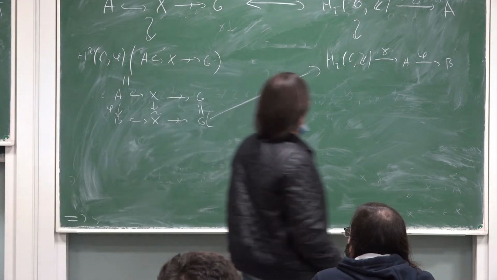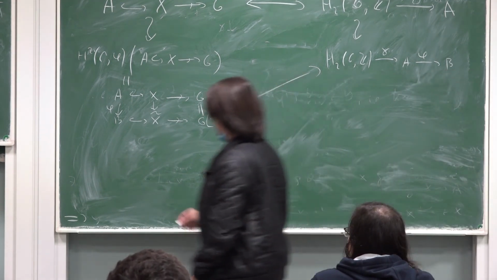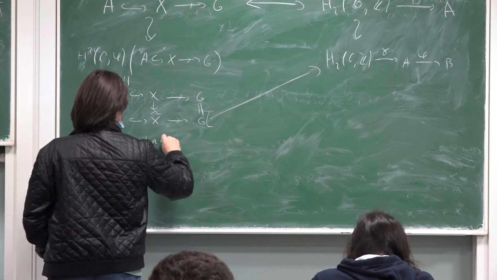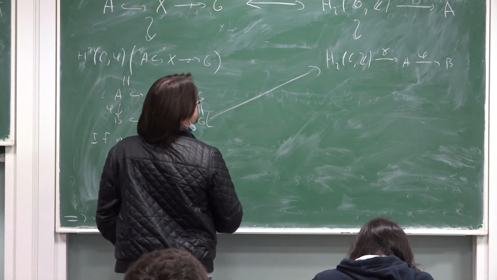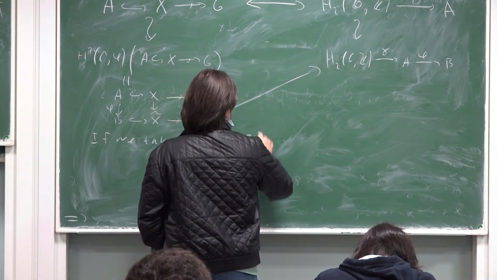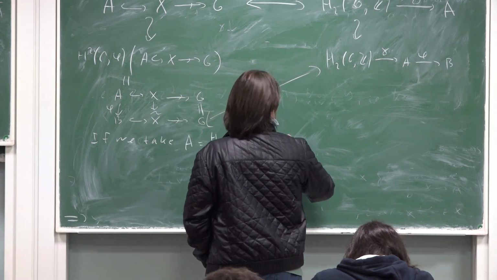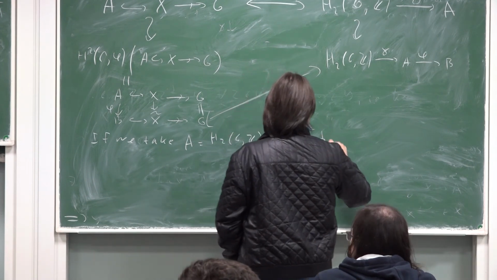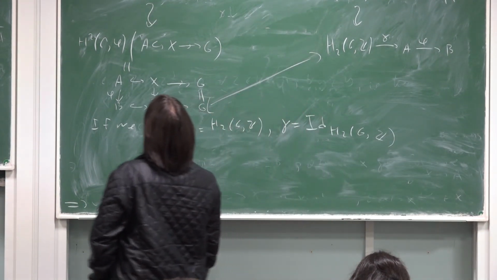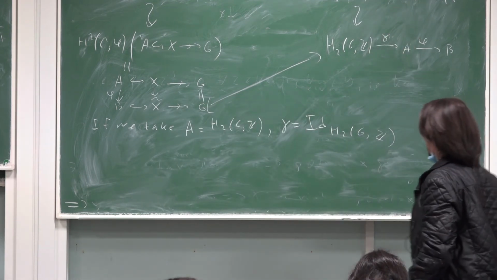So now if we take A equal to H2 of G with coefficients in Z and gamma equal to the identity map on the second homology, then what do we get? Here it's the diagonal maps, so here it's phi.